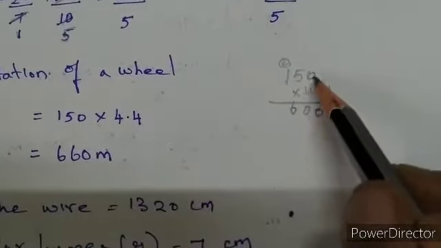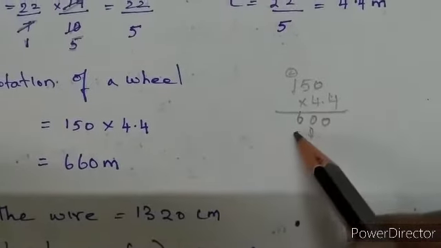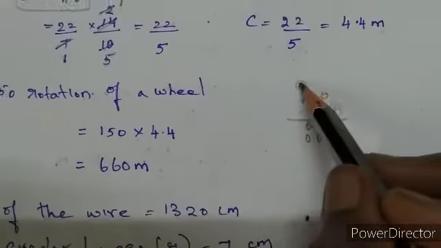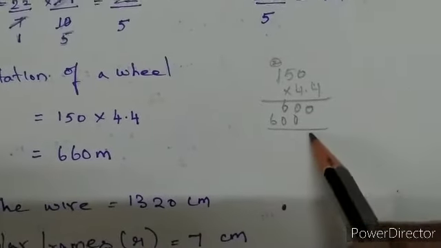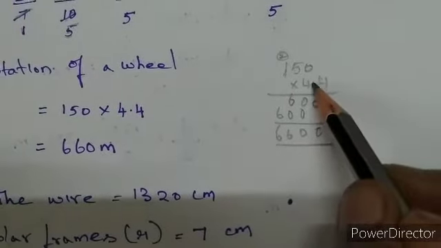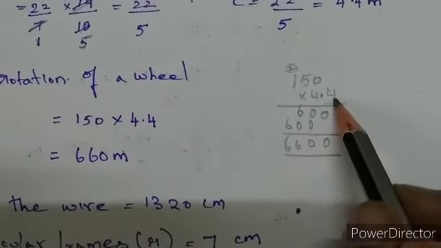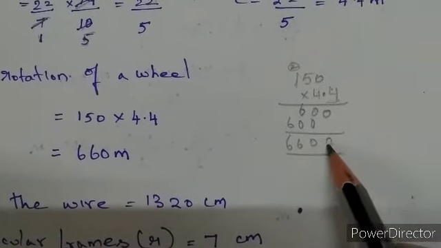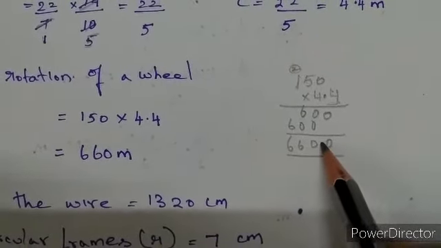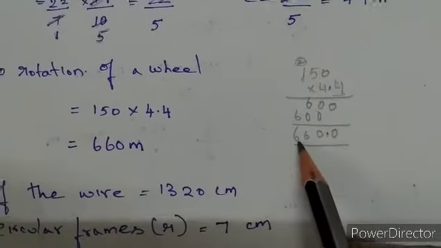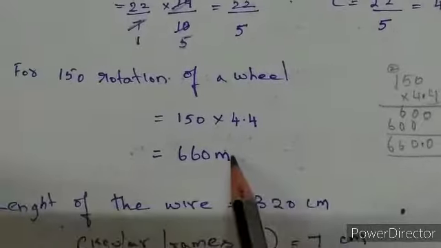Again, 4 zeros are 0, 4 5s are 20, carry over 2, 4 1s are 4, 5, 6. Now 0, 0, 6, 6. So in the decimal part, there is only one number. So after the last number, that is the ones place, you keep a decimal point. Now your answer is 660 meter.